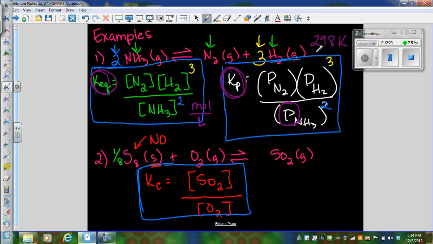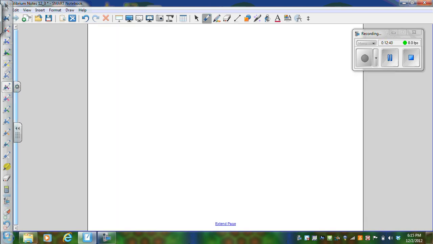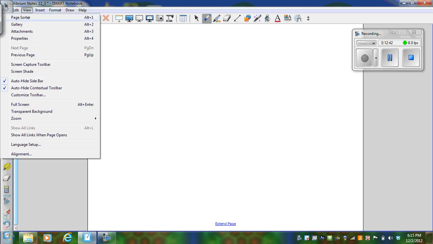So you'll notice that temperatures are always given, and that matters because pressures and concentrations can change with temperature.